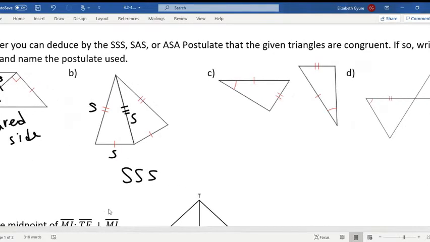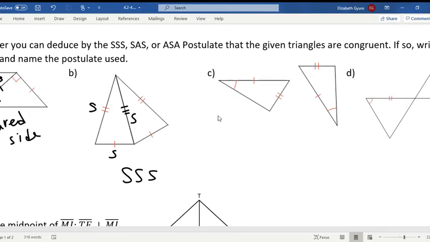What about for C? Does this one work? No. You want to know a trick? Label it. When you label this, you have a set of congruent sides here, right? The double with the double, the single with the single, and then your triple here.